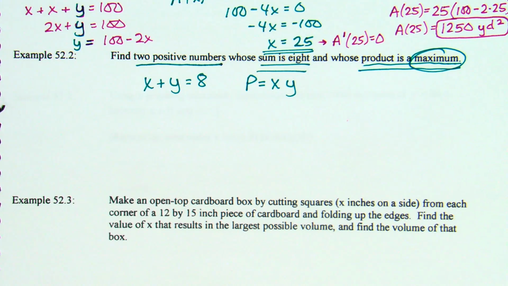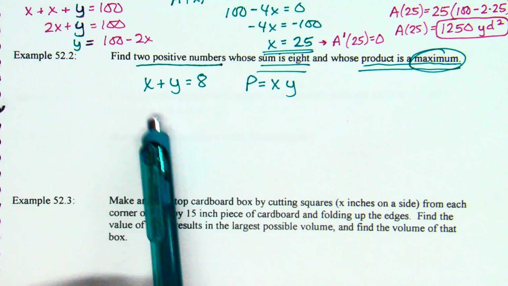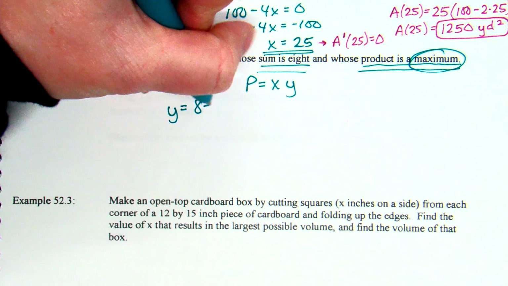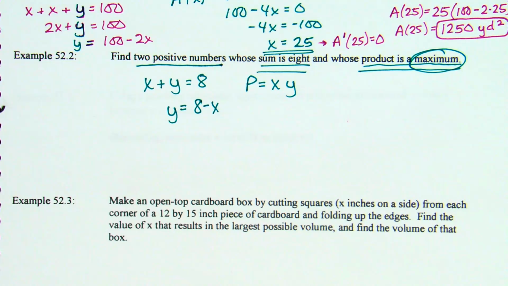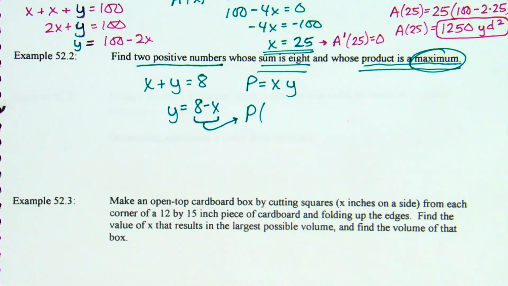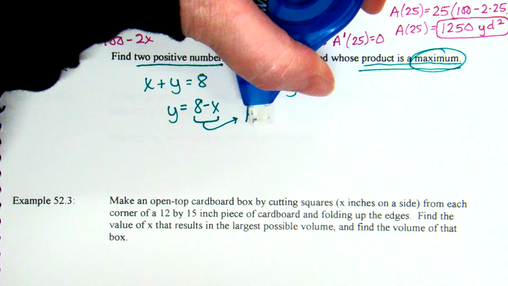Okay, we have this connecting equation right here, yes? If x plus y equals 8, I'm going to say y is equal to 8 minus x is my preference of ways to go. It doesn't matter. You're going to take that value and plug it in. So now my product equation becomes P equals x times 8 minus x.